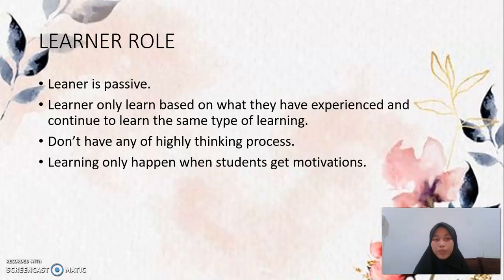For example, a learner learns something based on what they have experienced. Learners only observe a situation and copy it, and they continue to do the same thing, so it doesn't have any high thinking process.